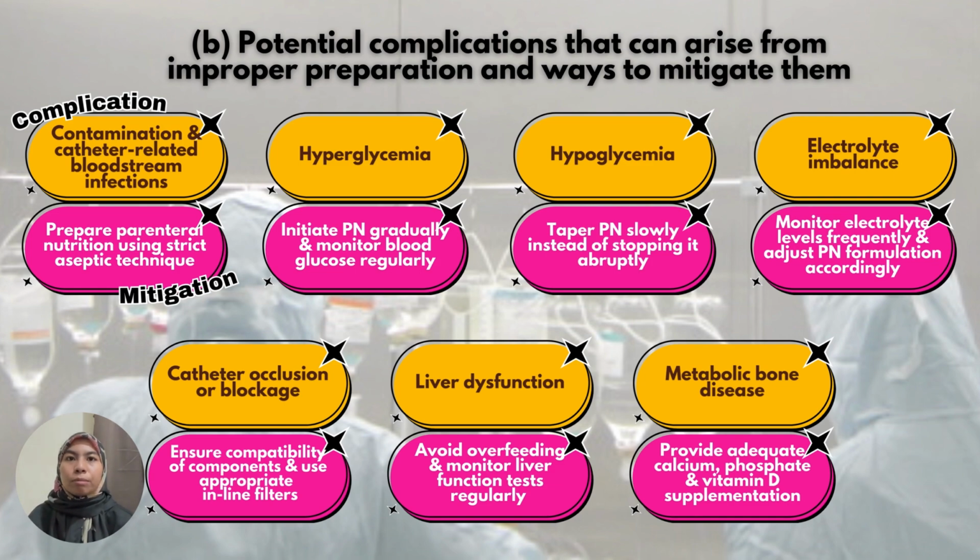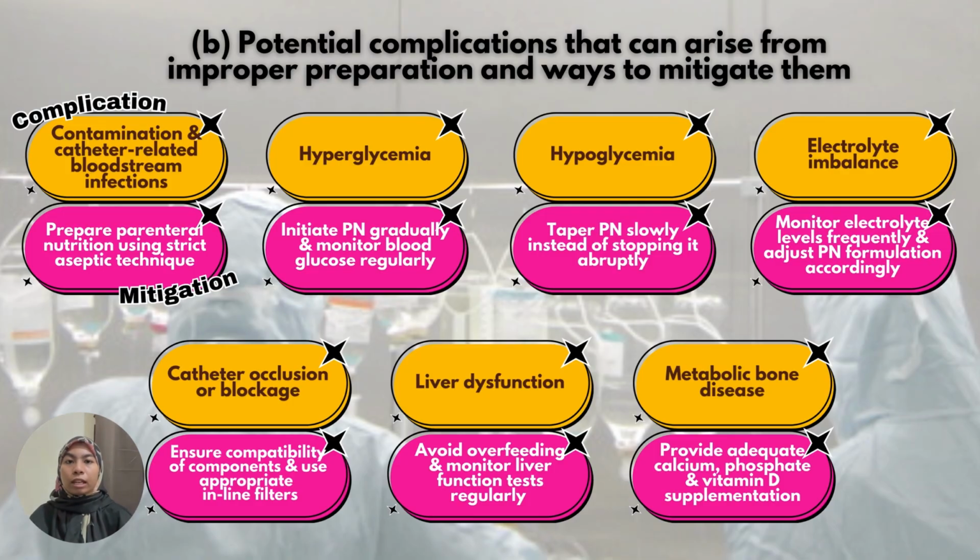Next, hyperglycemia may happen due to high glucose content. To mitigate this, parenteral nutrition should be initiated gradually and blood glucose levels should be monitored regularly. Hypoglycemia can occur if parenteral nutrition is stopped suddenly. This can be mitigated by tapering PN slowly instead of stopping it abruptly.